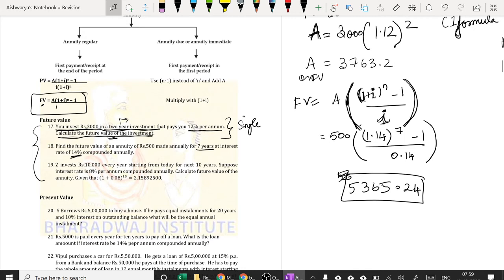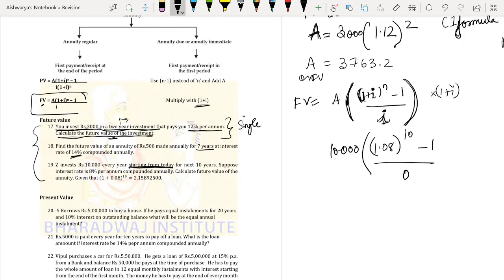So here I am going to substitute with 10,000 and I'm going to have 1 plus I is 1.08, so whole power n, 10 minus 1 divided by 0.08, into 1.08. Okay, so just use your calculator. 1.08 the whole power 10, no need to even calculate, in fact it's given here. 2.1589 minus 1 is 1.158925.